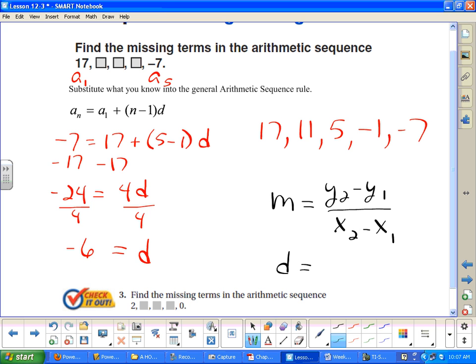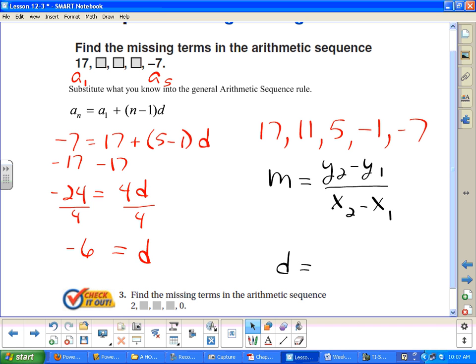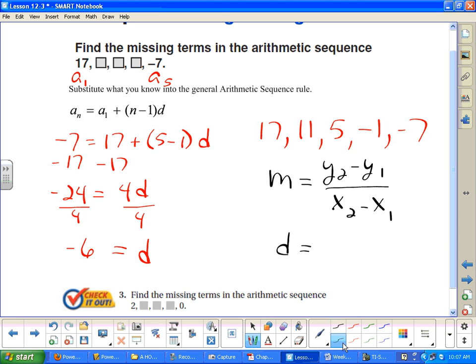So to find the common difference here, I could do a sub n minus a sub 1, and I want you to look at this, divided by n minus 1.